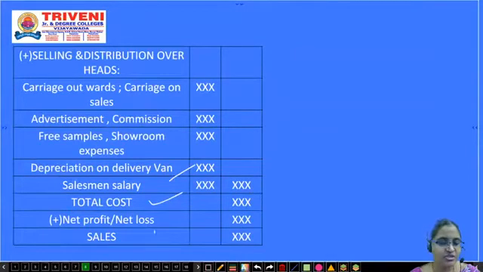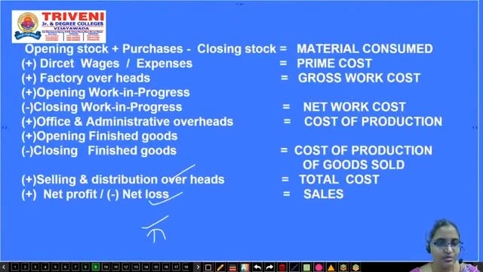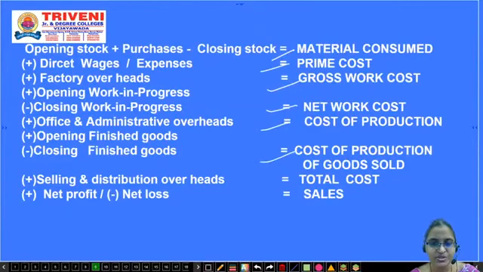With the difference between the sales and total cost, you get the net profit. In a simple formula, first you calculate the material consumed, after that the prime cost, gross work cost, net work cost, cost of production, cost of goods sold, total cost, and sales. All these items must be considered in the cost sheet.